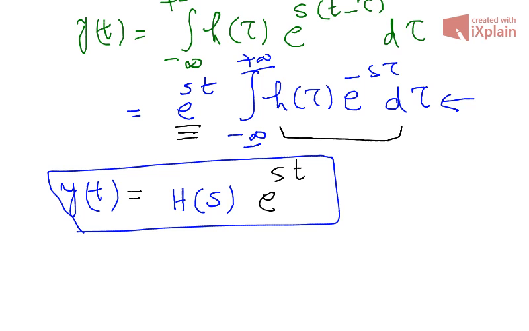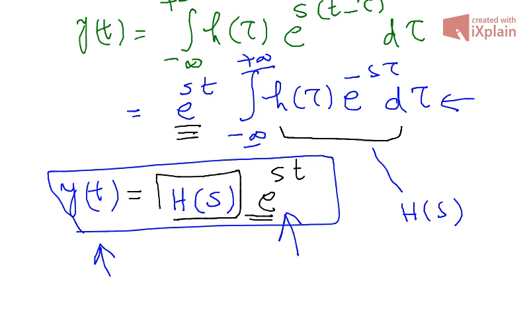So this integral is h of s, and you can see that when your input to the LTI system is a complex exponential, your output is actually the same input with a multiplying factor h of s, which is some constant. This h of s is modifying the magnitude of this complex exponential.